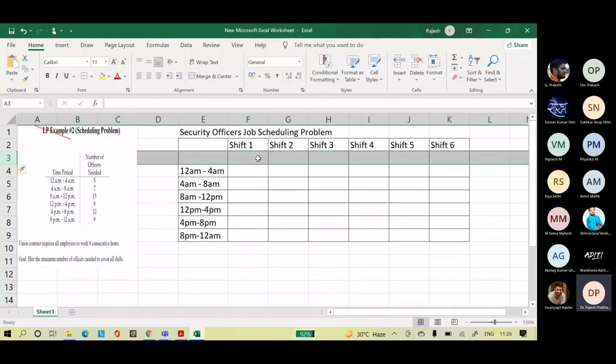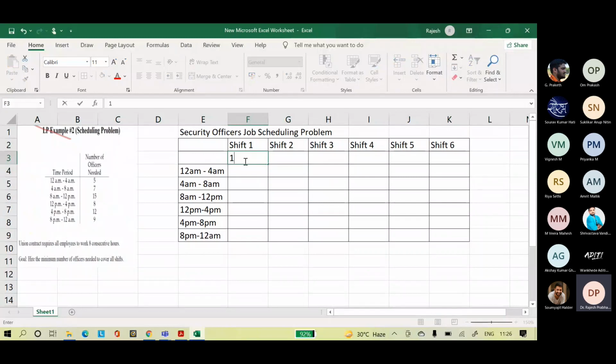That way it will be easy for us. Shift 1 is 12 a.m. to 8 a.m.